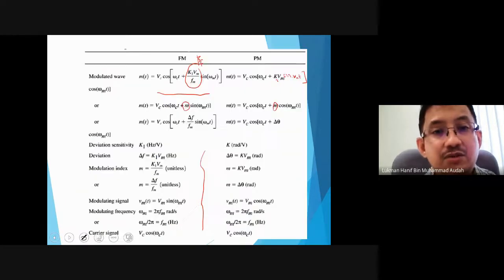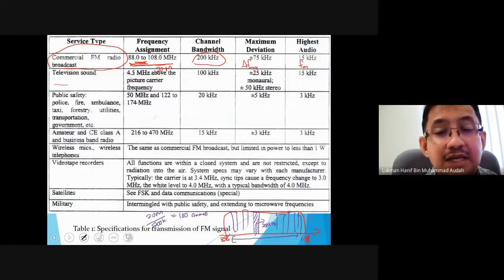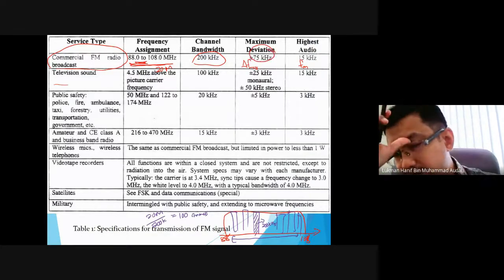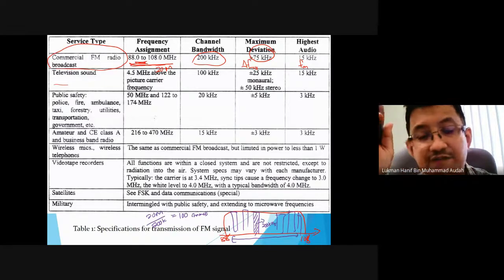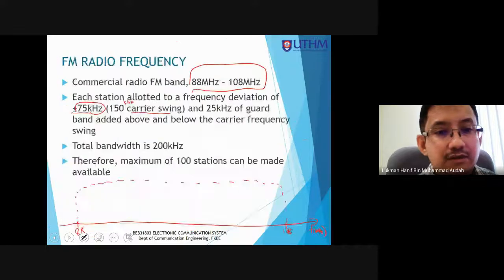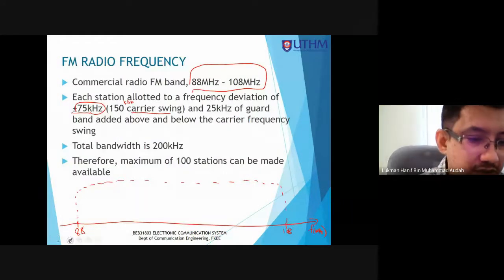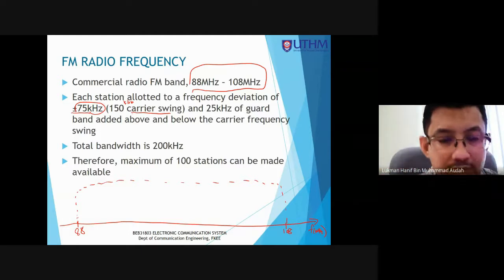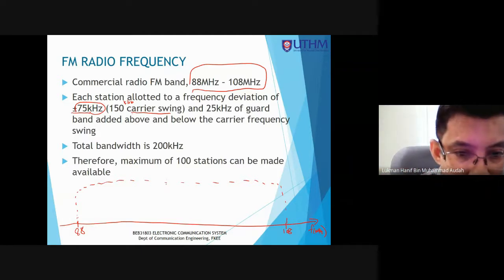So ini ada dinyatakan dalam table yang tadi. 75 kilohertz of delta F max. Okay. So let me use a different color. Okay. So now we want to calculate, katalah satu station seperti ni.